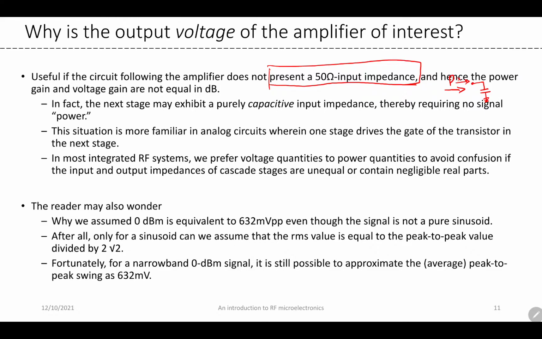So in that case you might want to look at the voltage swing happening at the capacitor. A more realistic example is in analog circuits, wherein you are driving the gate of a transistor, for example, and since the gate current is almost zero, what you're driving is simply a capacitor. So you might want to understand what the voltage swing on the gate of a transistor is.